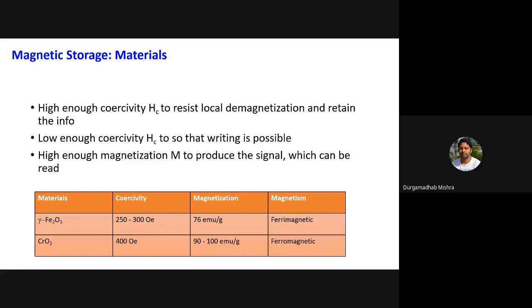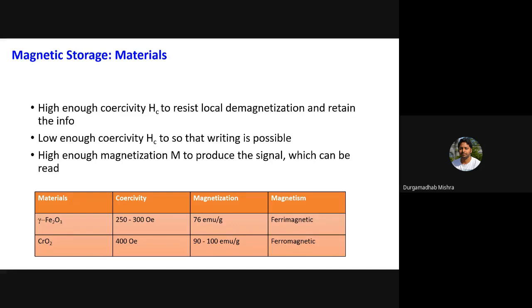That means you choose a magnetic material so that, in your magnetic material, you can have some local magnetic field or some stray field, and neighboring domains can also produce some field on neighboring magnetic domains, and that can lead to demagnetization.